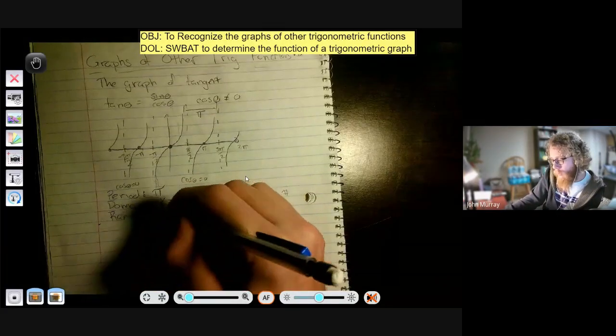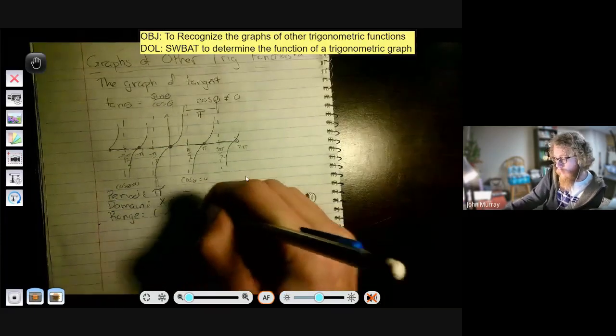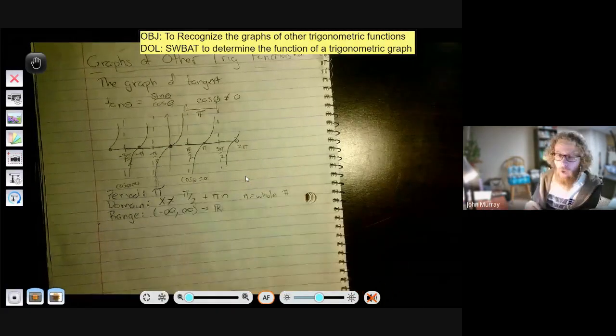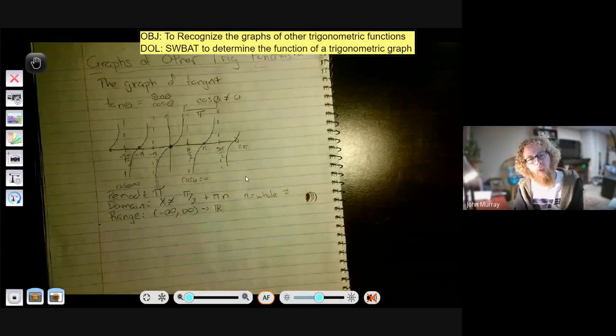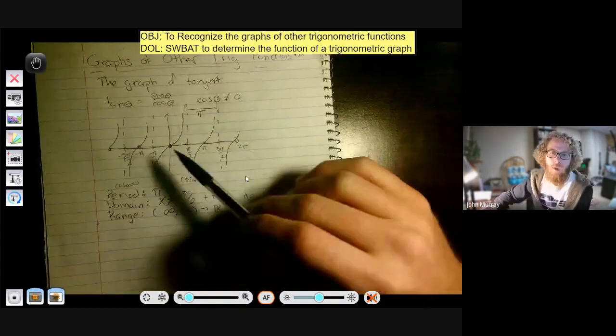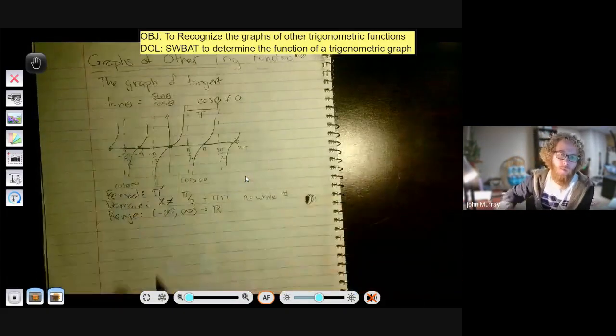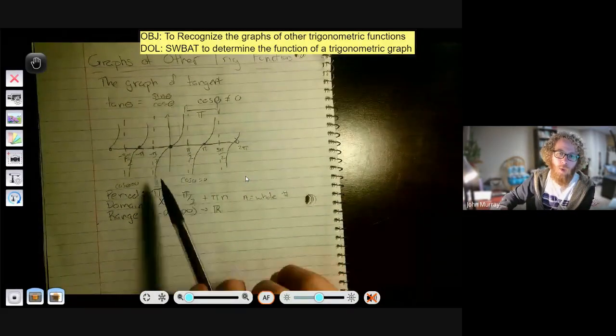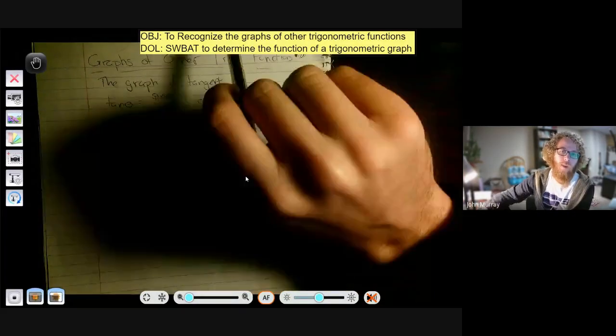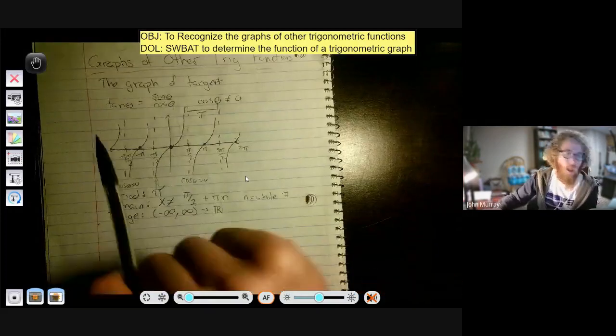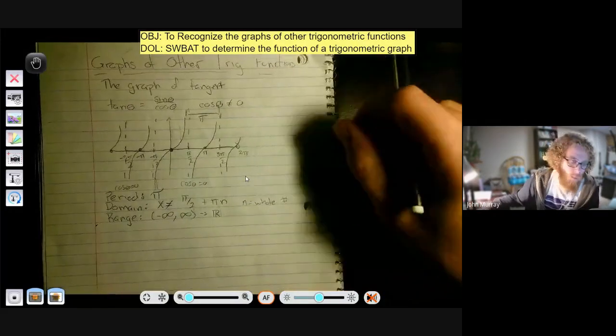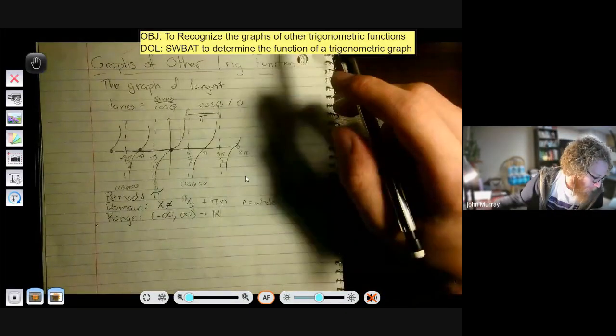My range is all real numbers, right? Even though I'm restricted for my x values, my range in between these two asymptotes goes all the way down from negative infinity all the way up to positive infinity. And then it repeats that. So that's something that's pretty interesting about that.